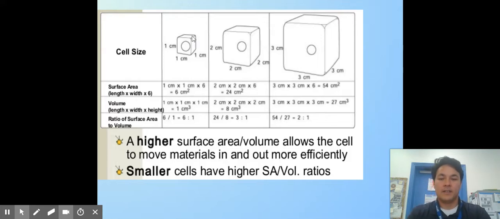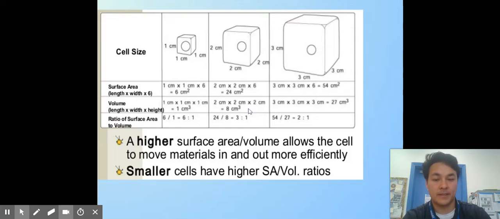And so what cells are trying to maximize is their ratio of surface area to volume. So look at this little cube. The surface area is 6. The volume is 1. That'd be a ratio of 6:1. In this cube, which is double the size of the first one, the surface area is bigger, it's 24, but so is the volume.